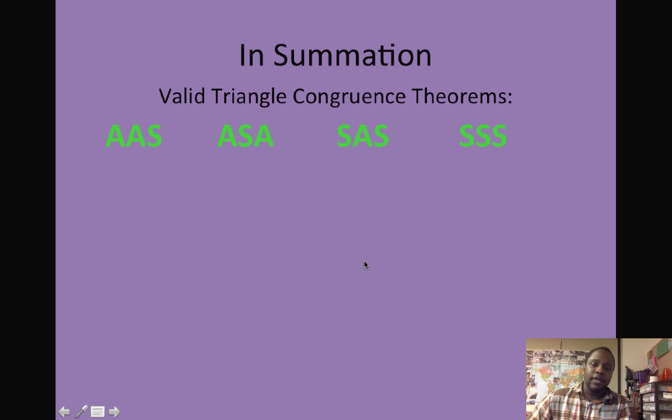So in summary, these are the valid triangle congruences: AAS, ASA, SAS, and SSS. Hopefully, through doing the exploration activity in 5.3, watching these videos, and doing some practice, this will become easier to remember, that these four work.